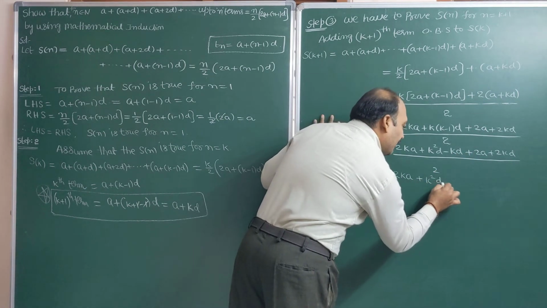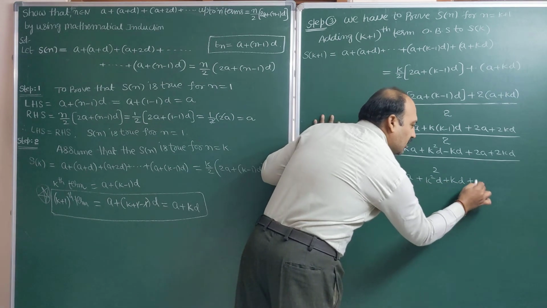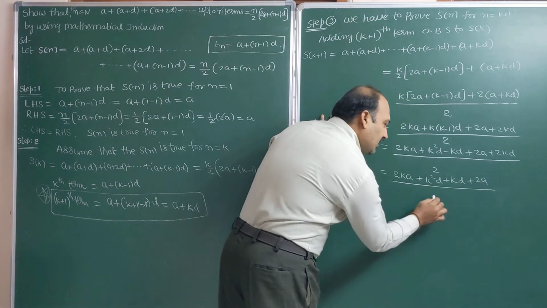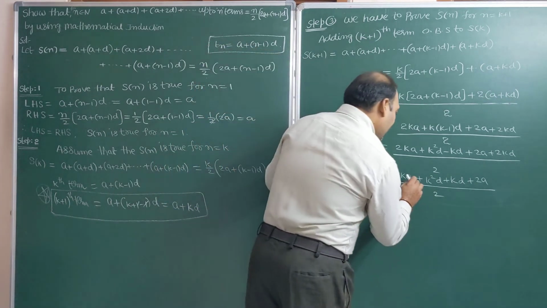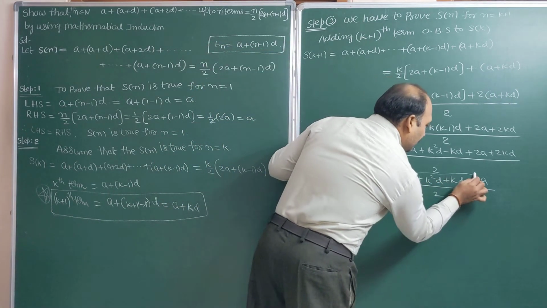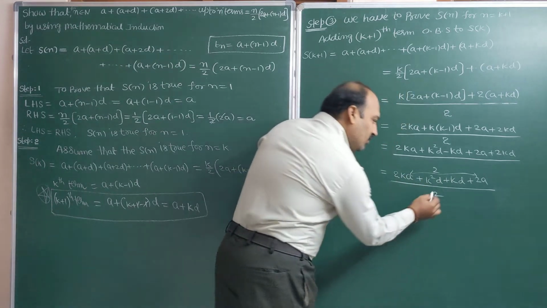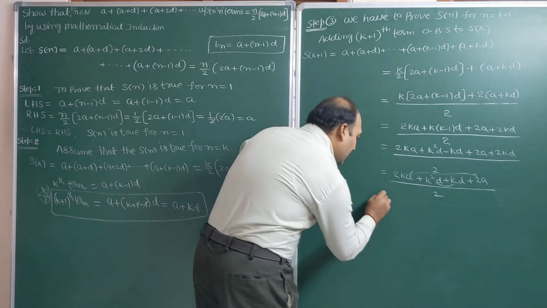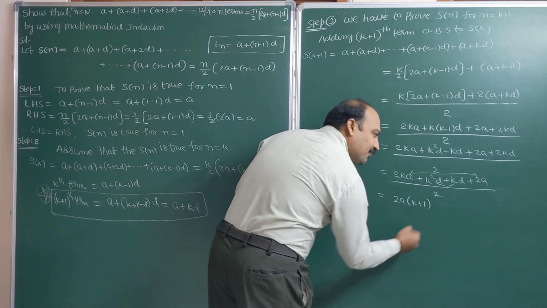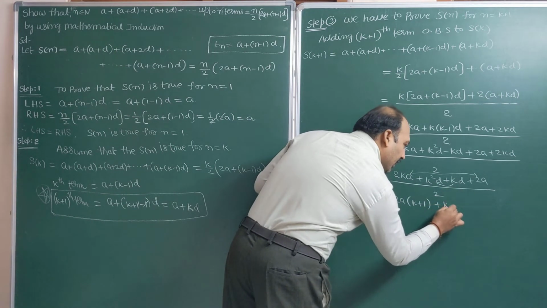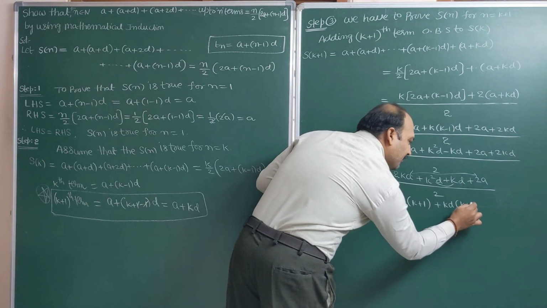So k square d plus kd plus 2a by 2. Now what I am going to do is, from these two 2a I am taking common, from these two kd I am taking common. So 2a if you take out common, k plus 1 will come. From these two kd if you take out common, k plus 1 will come.